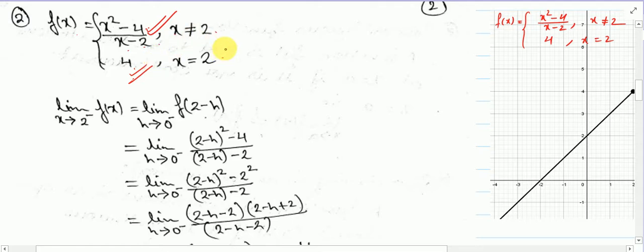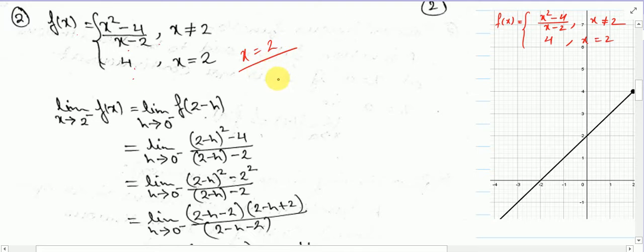Here you can see that this function has been defined piecewise due to x equal to 2, because this function is not defined for x equal to 2. That's why they had to define it piecewise. So we have to check its continuity at x equal to 2.